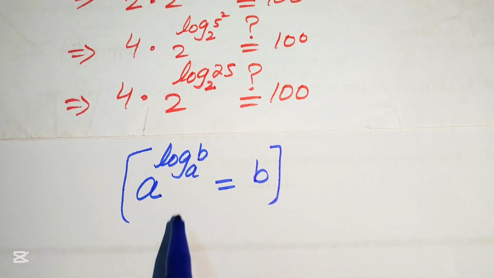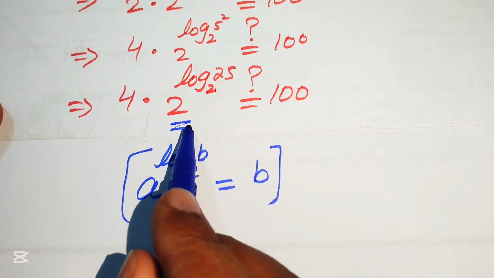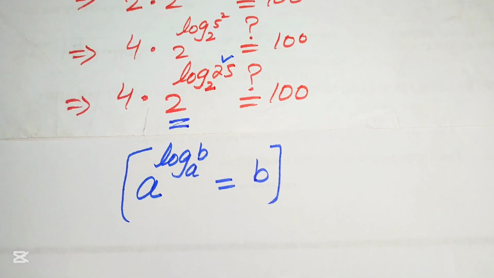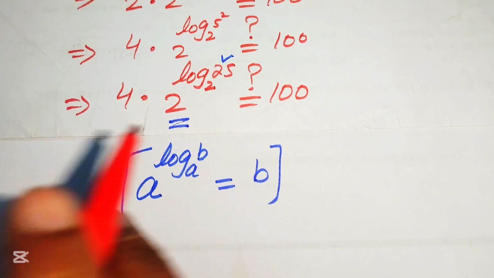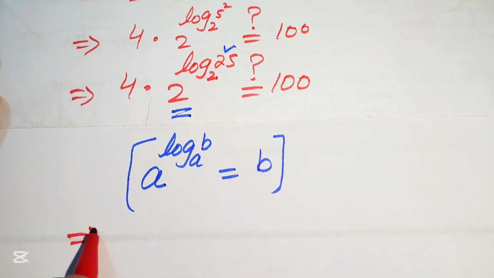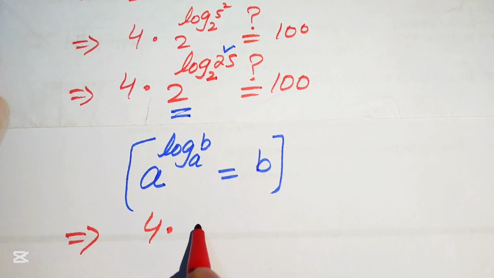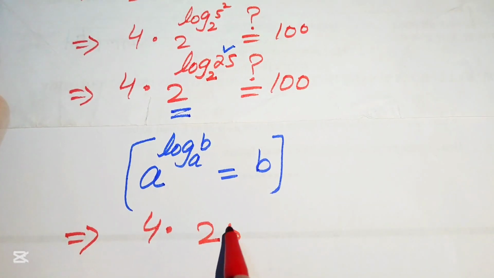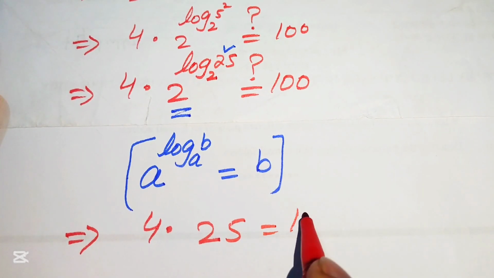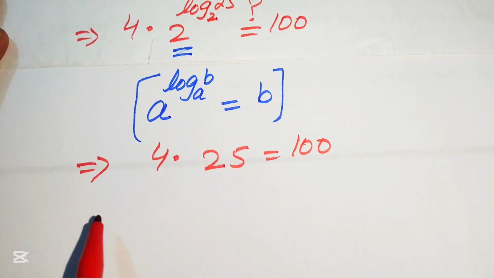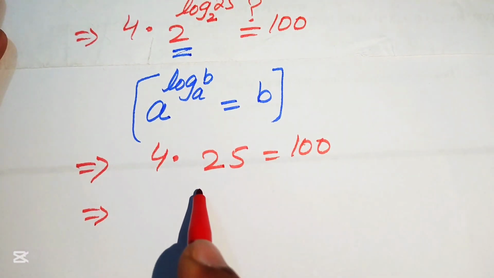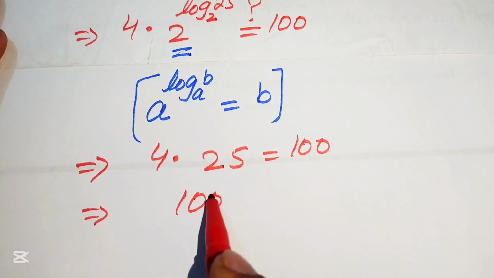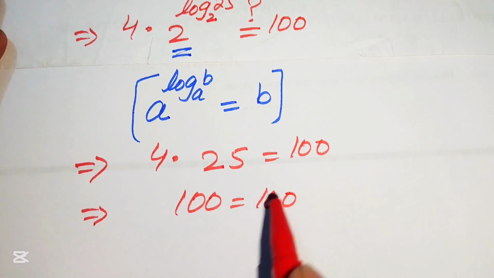So according to this we write the output of this term as 25. So we write this expression as 4 times 25, and this equals 100. And here you see that 4 times 25 equals 100.